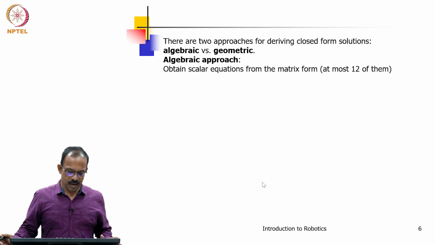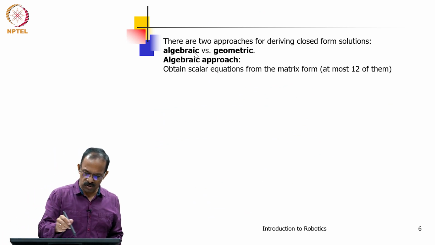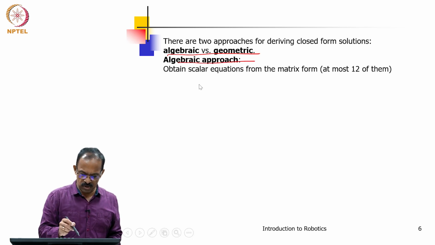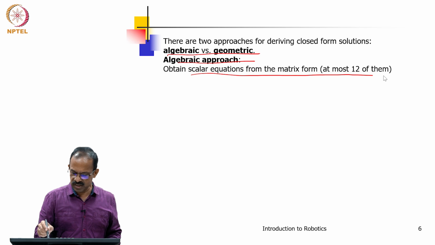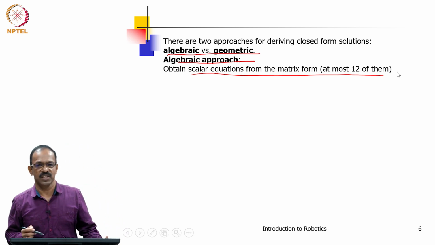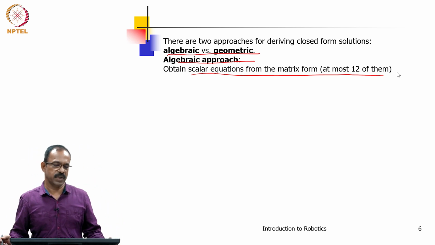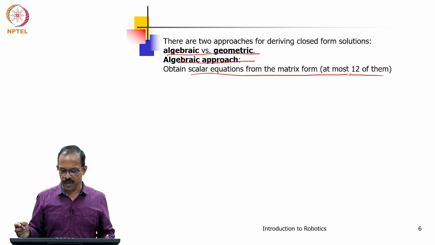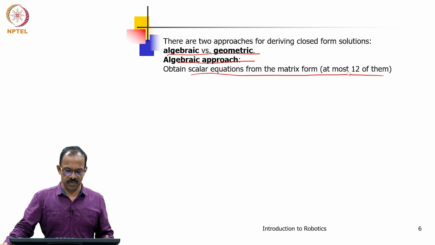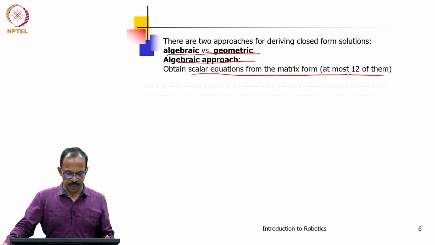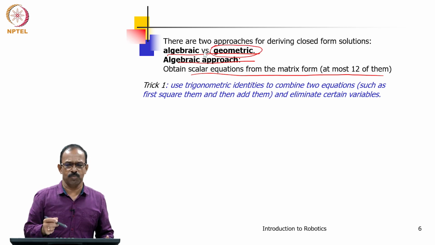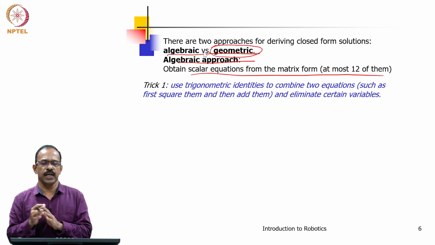Now, as I told you, in the closed form solution, there are algebraic and geometric approaches. So, the algebraic approach is to obtain the equations from the matrix, the 12 equations that we already mentioned. So, obtain the scalar equations from the matrix equation, and then try to solve them. That is the algebraic approach. Okay. The geometric approach we will not be discussing, because it is more of a graphical approach.